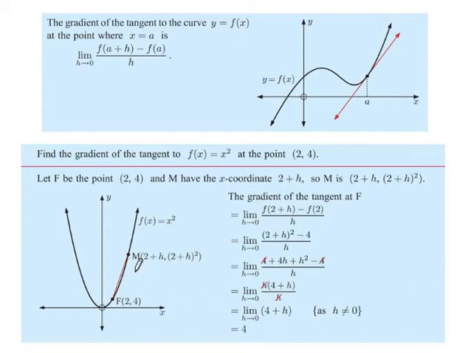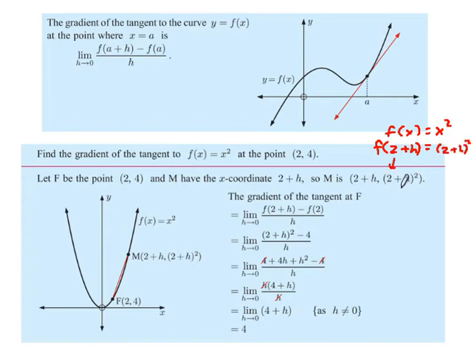And then the second point, m, would be a little bit over, 2 plus h, and the f of 2 plus h is 2 plus h squared. Since f of x is x squared, f of 2 plus h is 2 plus h squared.